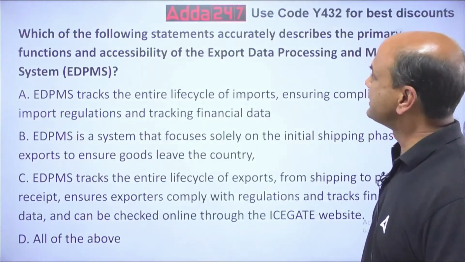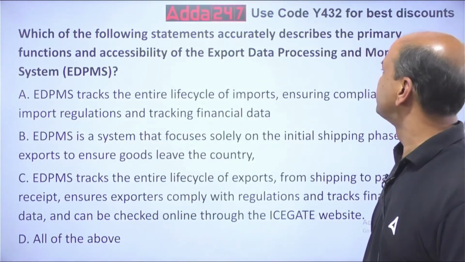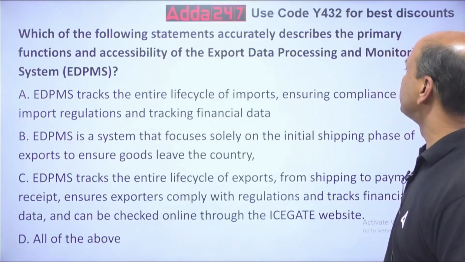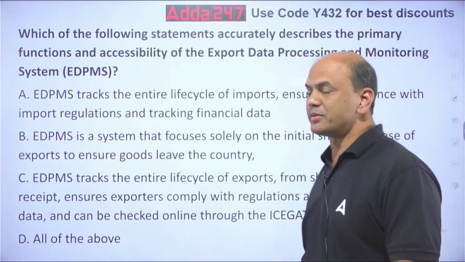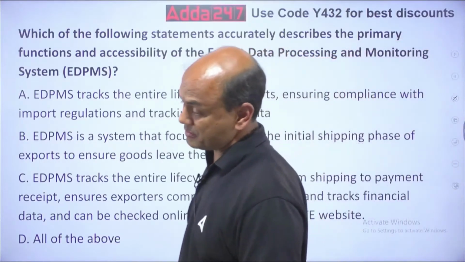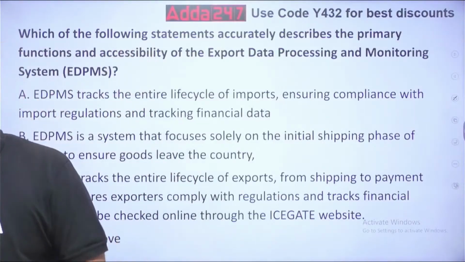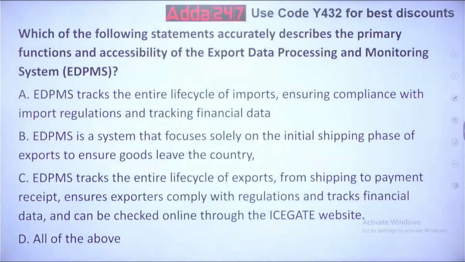Which of the following statements accurately describes the primary function and accessibility of EDPMS? Primary means the main function. Which of them describes the main function? Look at it. EDPMS tracks the entire life cycle of imports, ensuring compliance with import regulations and tracking financial data.